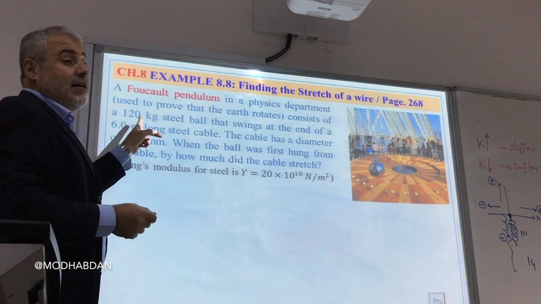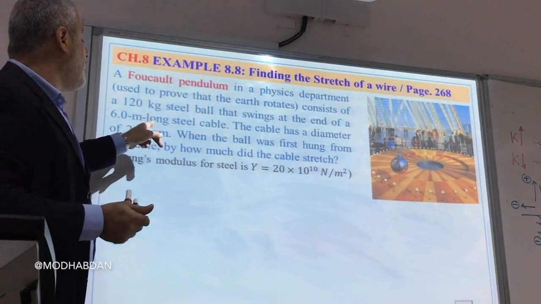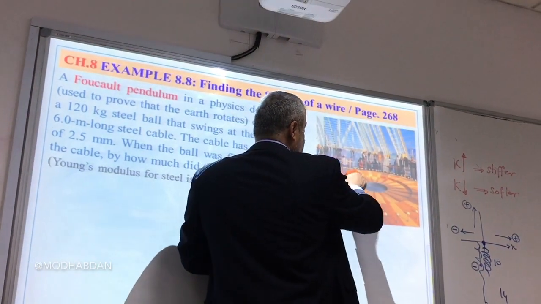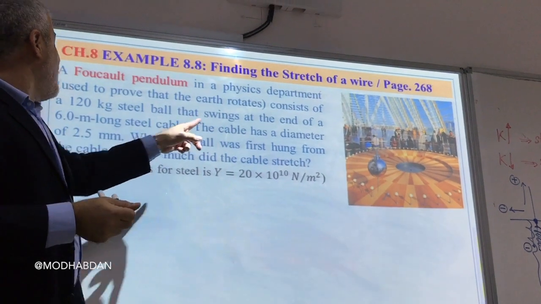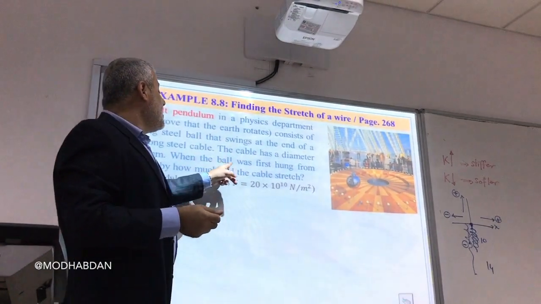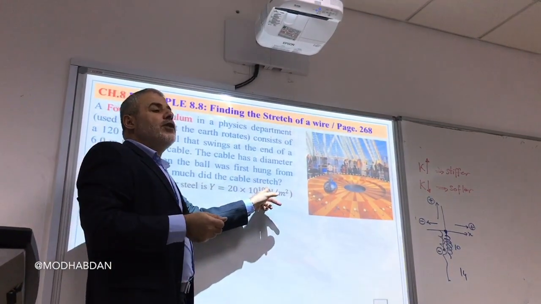It consists of a 120 kilogram steel ball that swings at the end of a 6 meter long steel cable. This is the ball and this is the cable. It swings like this. Now, the cable has a diameter of 2.5 millimeter. When the ball was first hung from the cable, by how much did the cable stretch?